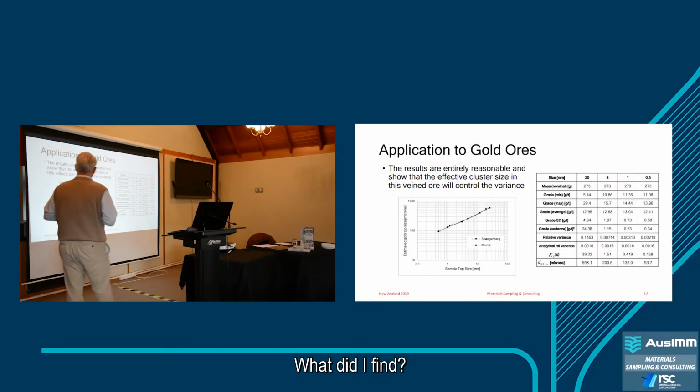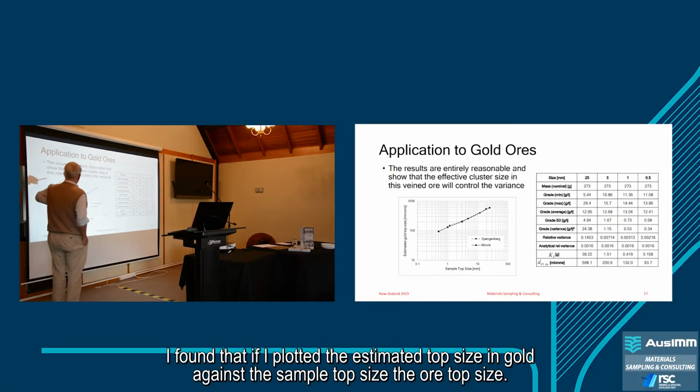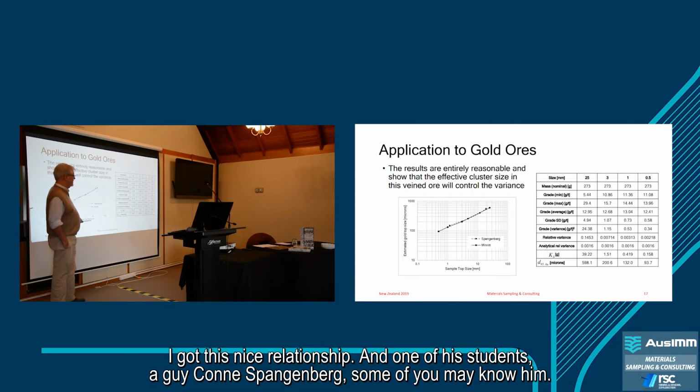What did I find? I found that if I plotted the estimated top size of the gold against the sample top size, the ore top size, I got this nice relationship.